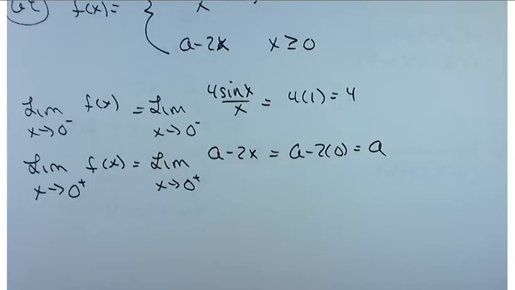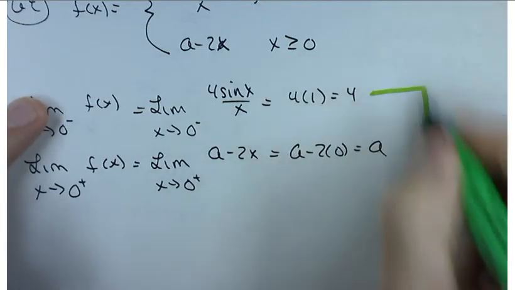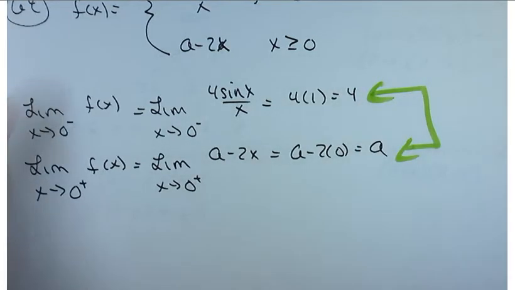Now, if the limit from the left is going to equal the limit from the right, what does that say a has to equal? A has to equal 4. In order that the limit from the left and the limit from the right are equal, a has to equal 4.